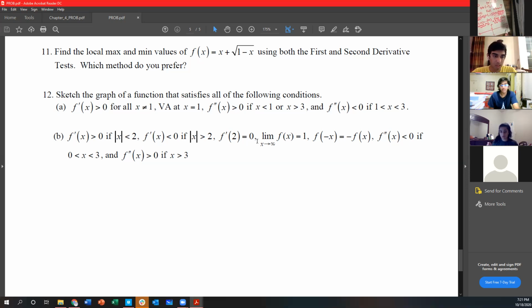We got that the asymptote was y equals 1 as x approaches positive infinity. Odd functions are where you flip it over and then flip it over again. So if I flip this over here and then flip it across the x-axis, where is that going to end up? Negative 1, exactly. So this is where the function ends up this way.